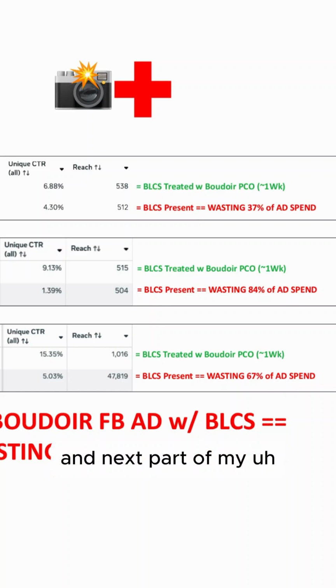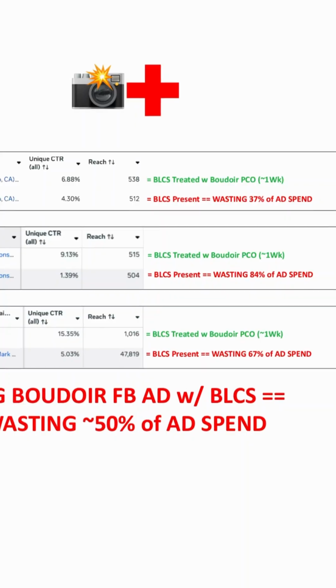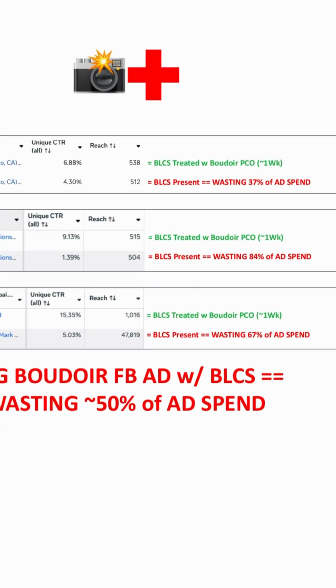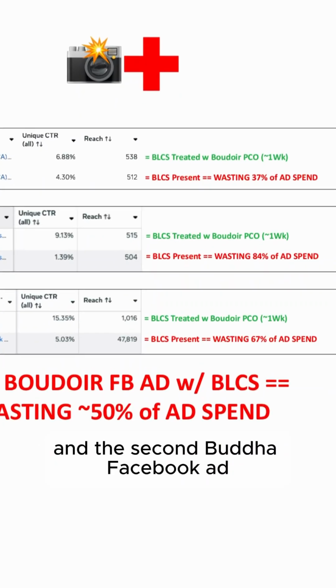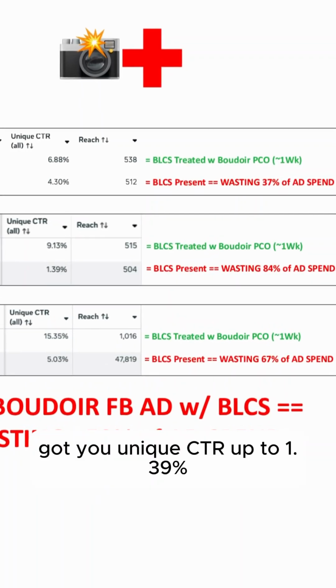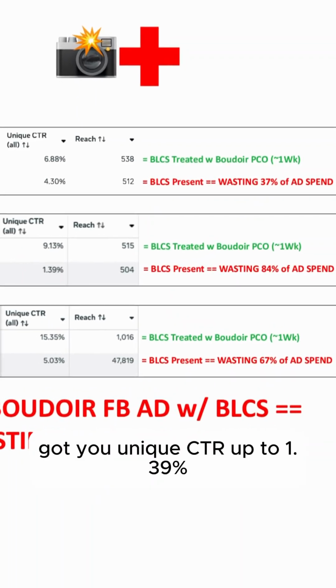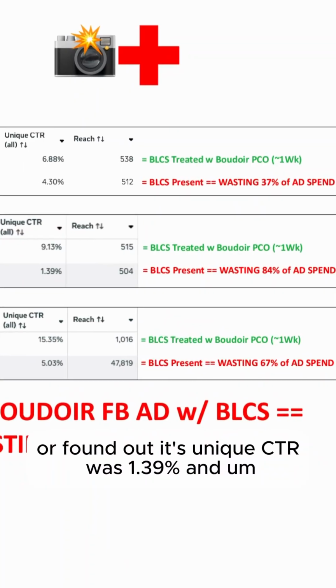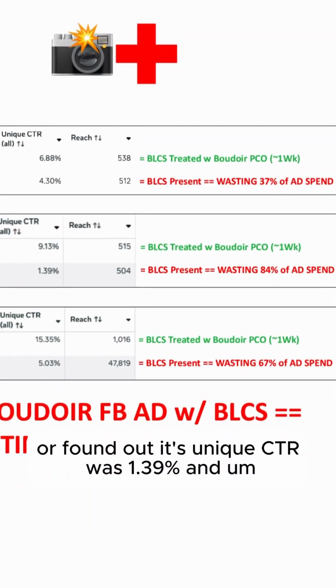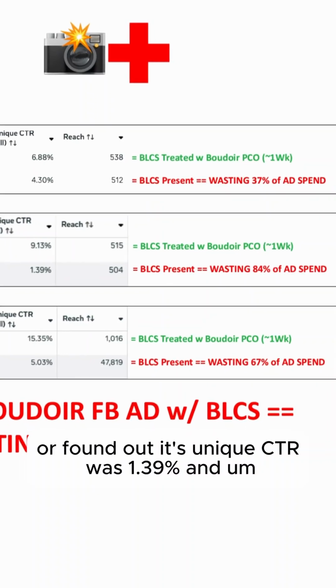And next part of my residency, the second Boudoir Facebook ad. We found out its unique CTR was 1.39%.